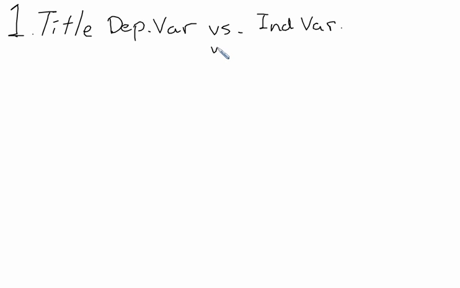The one thing that you can control or change is your independent variable, and your dependent variable is whatever the outcome will be, because it depends on the independent variable. So I'm going to say speed of reaction.